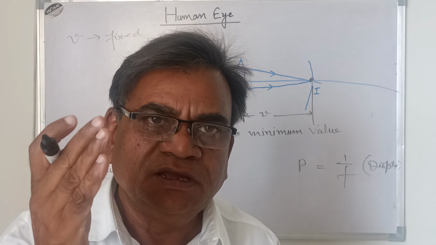This is u, I have put it here. Now it is 20 centimeter. So what happens? The rays will not be able to converge in such a way that the image is formed on the retina. The rays will go and the image will be formed somewhere here, after the retina. So the image will not be sharp.